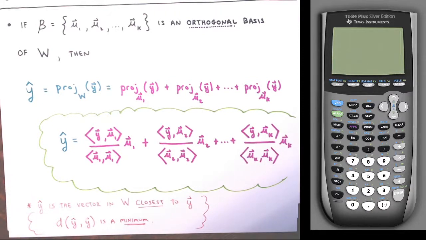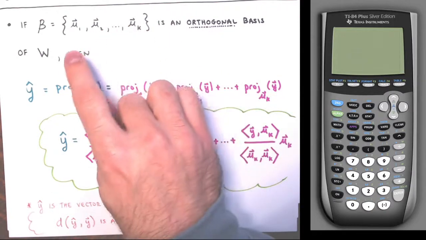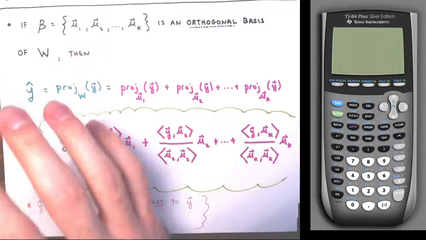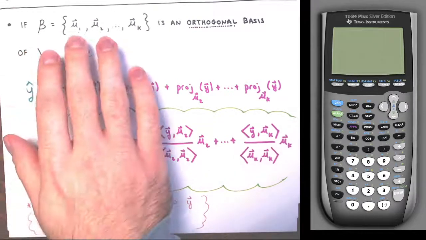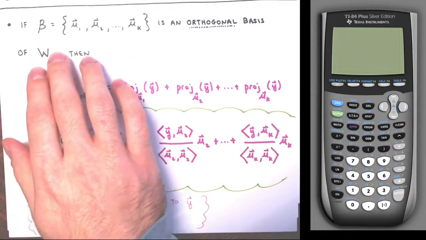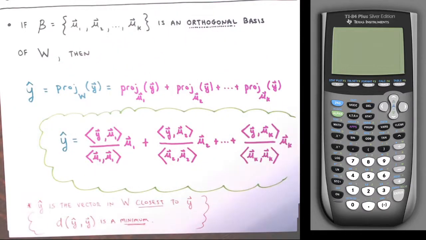All right. But the key is finding an orthogonal basis to the subspace, which you know how to do using the Schmidt process. I've only got one example at the end where I'm going to use the Schmidt process, but the key is if I'm given a subspace, I need to find an orthogonal basis to that subspace in order to then create a projection of a vector onto that subspace.